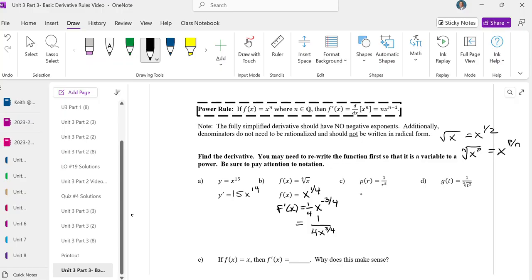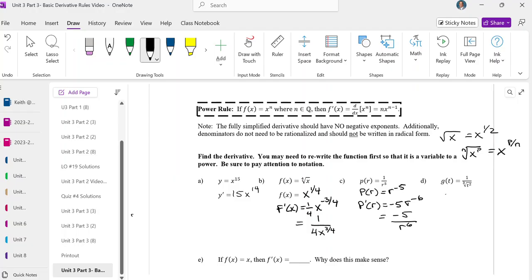So here, rewriting this is r to the -5th. So then when you take the derivative, it's -5r to the -6, which means it's -5 over r to the 6th.